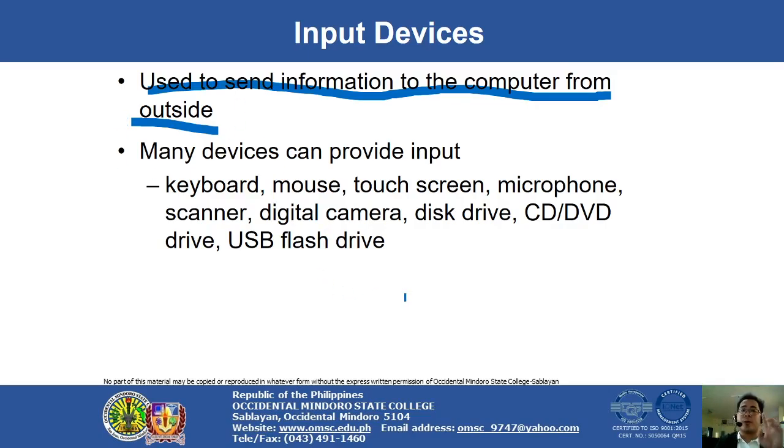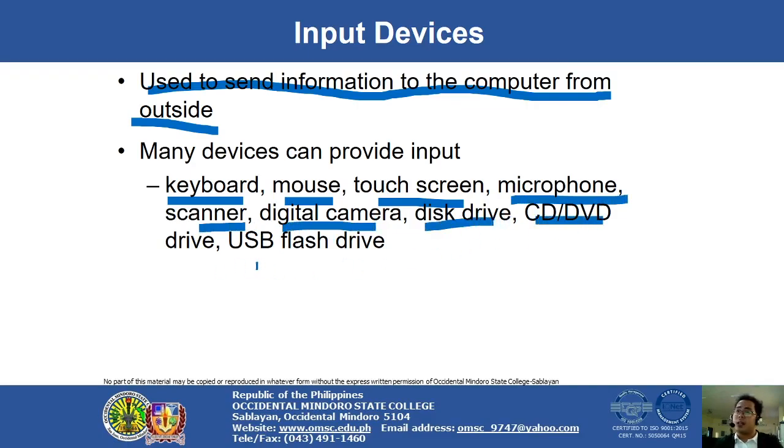We're gonna use our pointing device, which is the mouse. What else? Scanner. Mag-scan ako. Okay? So, an example here is the keyboard, the mouse, the touchscreen, the microphone, the scanner, the digital cameras, the disk drive, the CDs or DVDs, and the USB flash drive. That is an example of input devices.